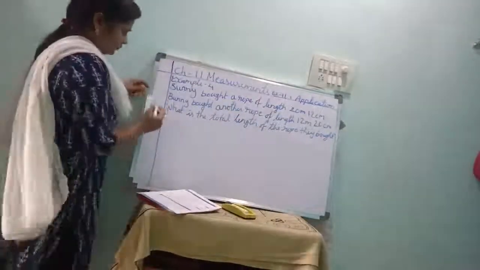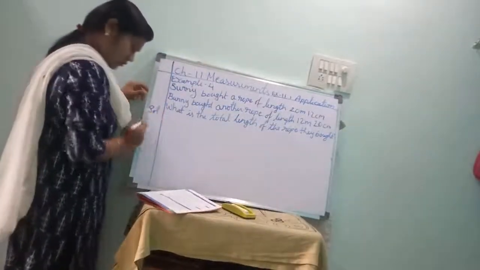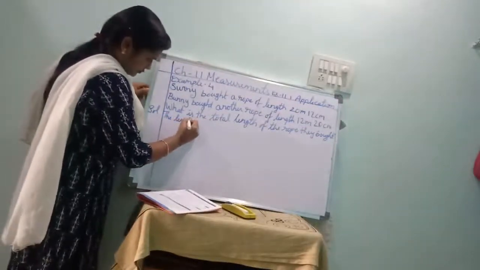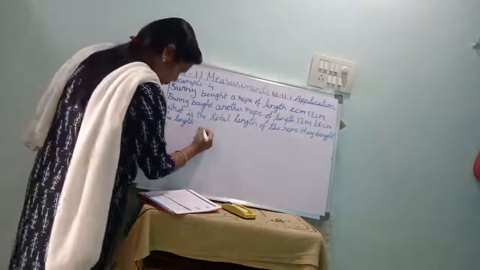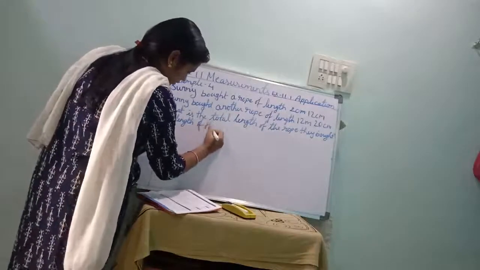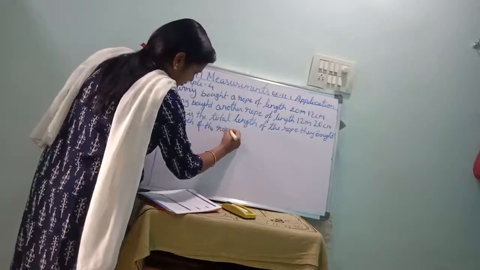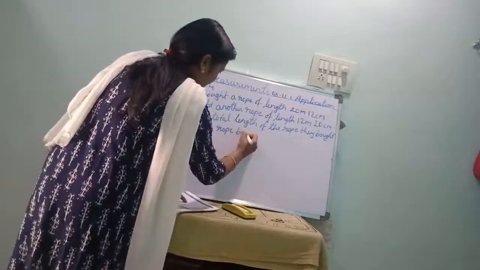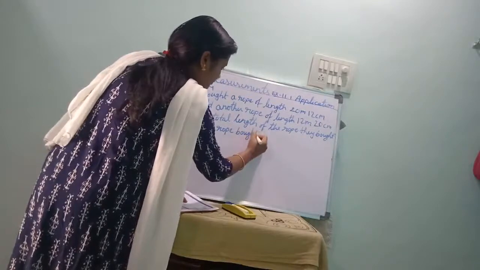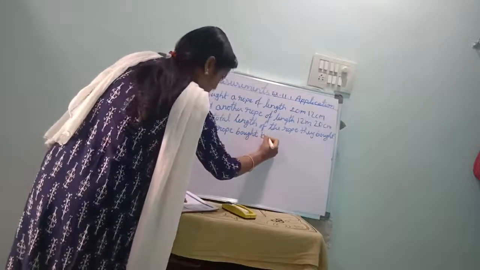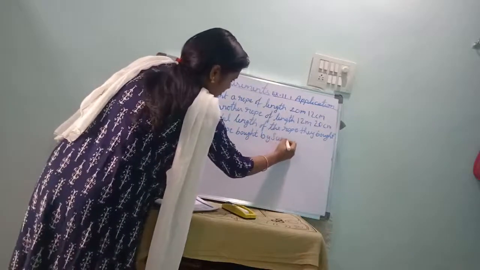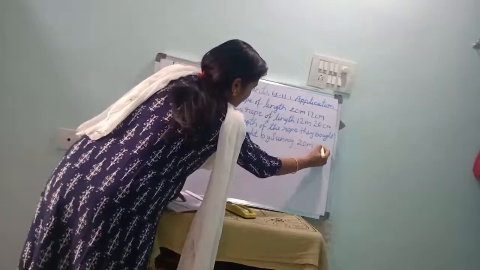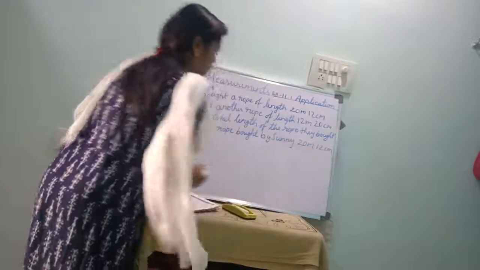What you have to do? Solution. The length of the rope brought by Sunny: 20 meters 12 centimeters.